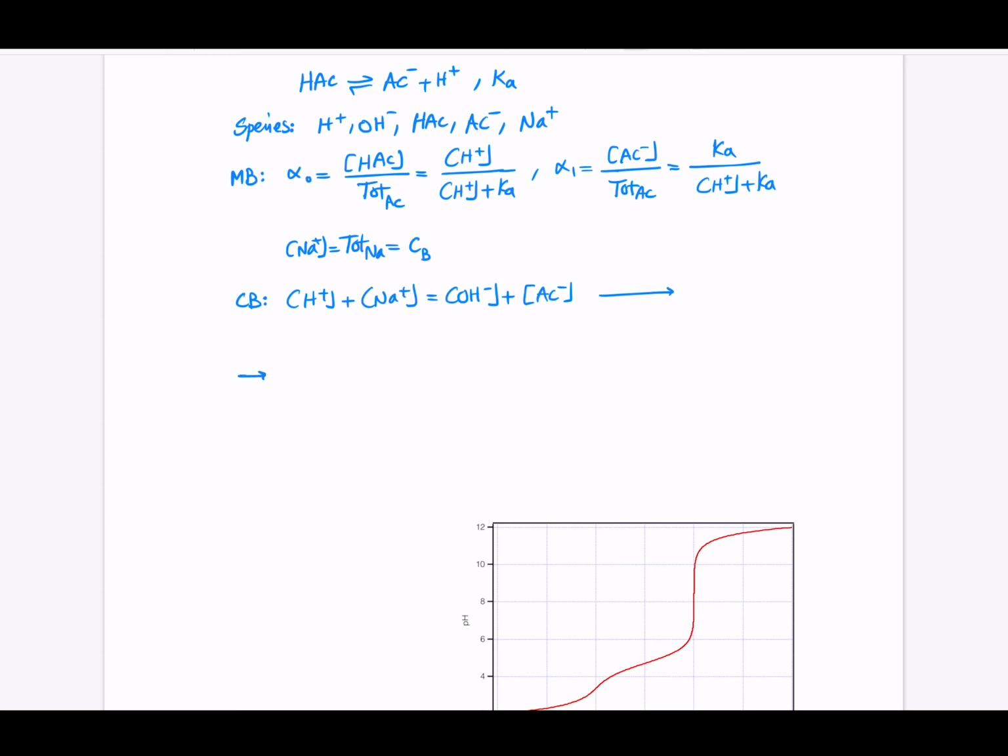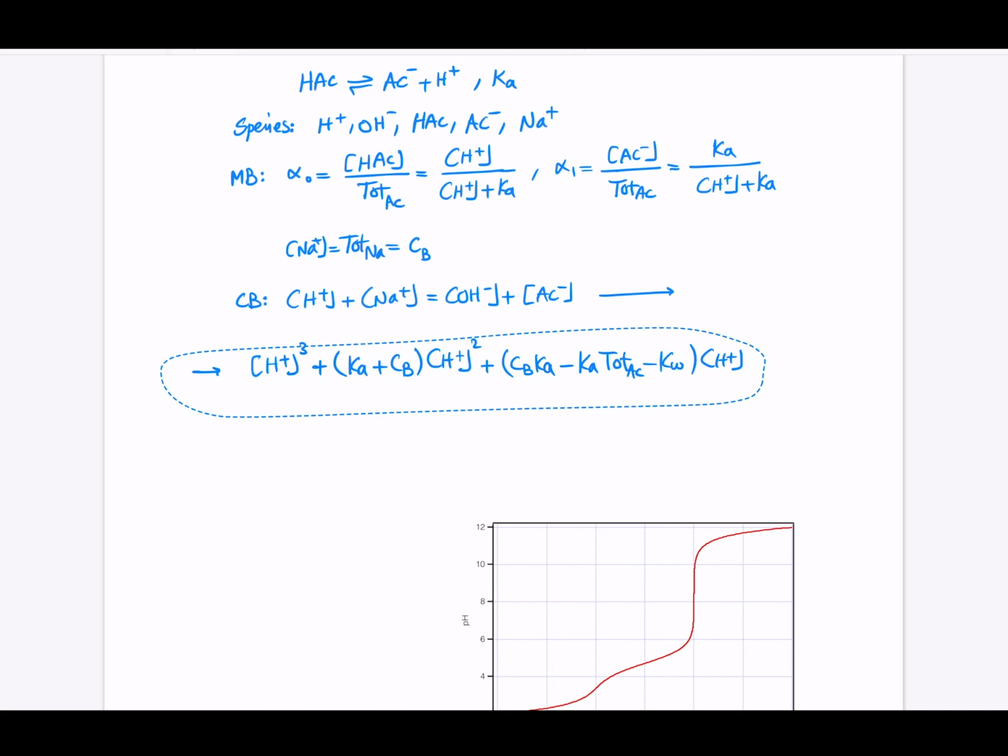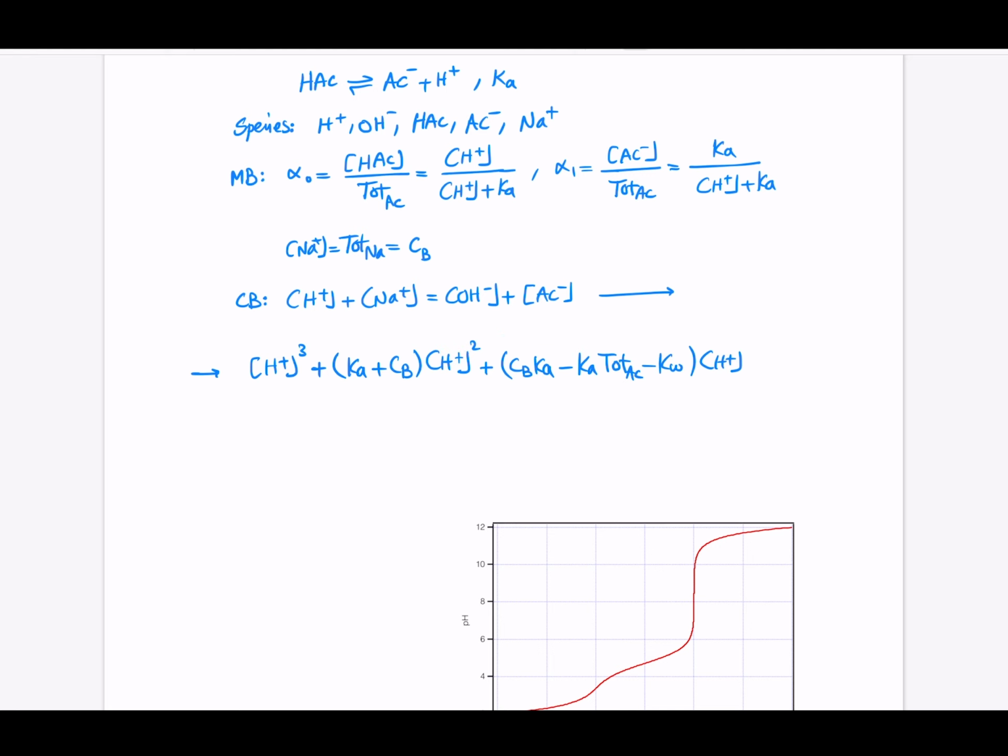So then the charge balance would be revised to H plus to the power of 3 plus Ka plus Cb, H plus squared, plus Cb Ka minus Ka total AC minus Kw, H plus, minus Kw times Ka.